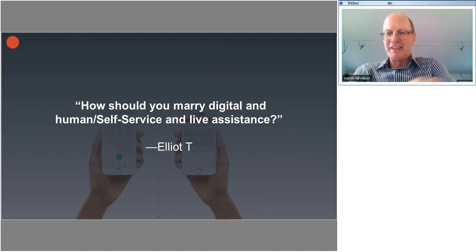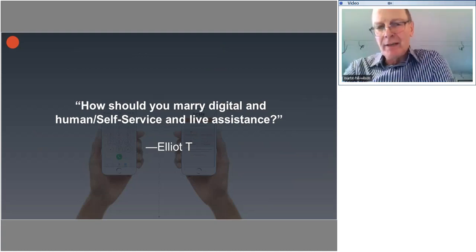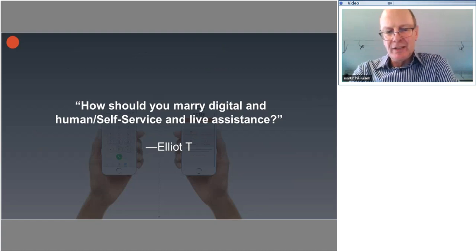Good question. I think one of the things that we're seeing these days for the first time is the fact that a certain amount of digital transformation has automated everything. And we're now in a world where potentially we can get an awful lot of things done without needing to use people. And that does potentially make people look at contact centers and go, is this the end of live assistance?